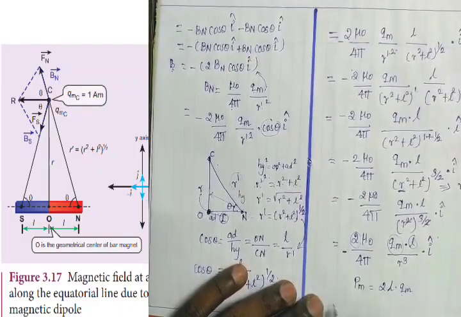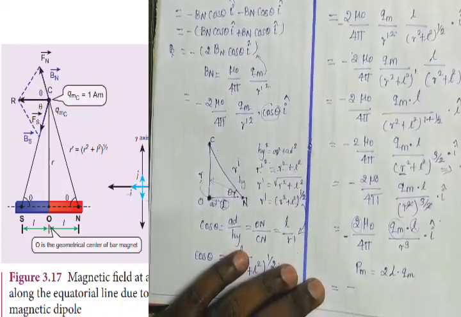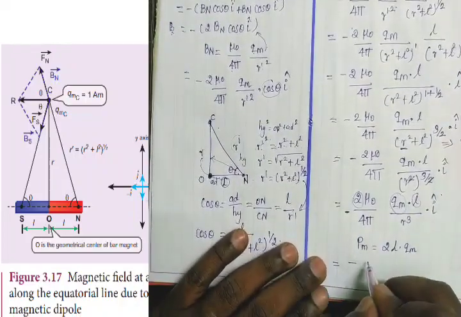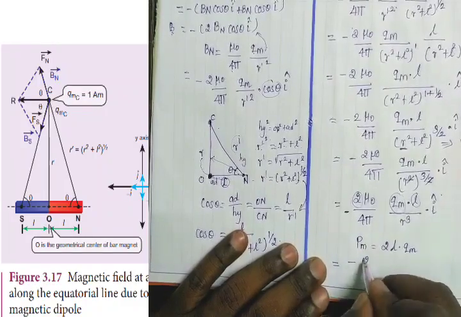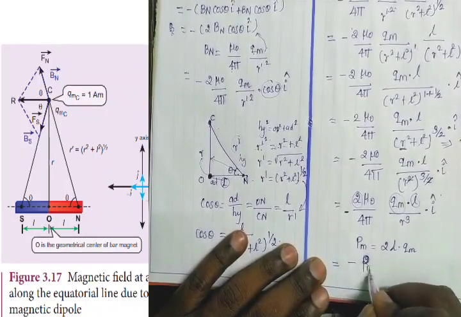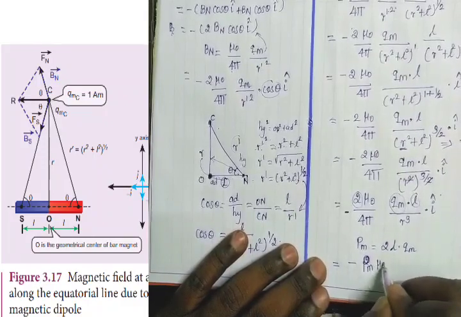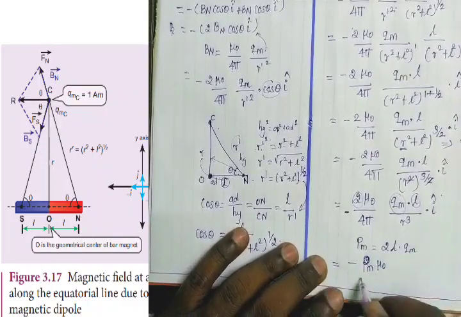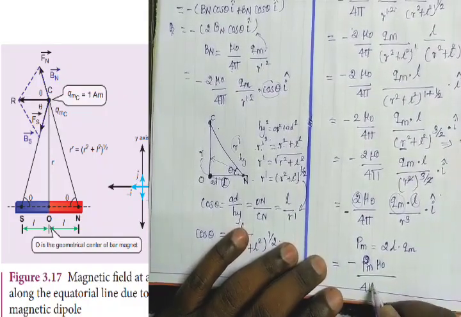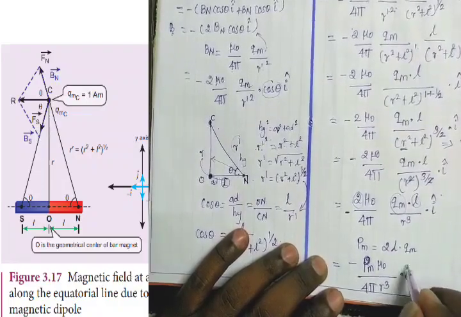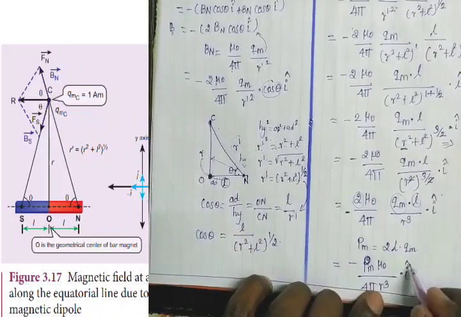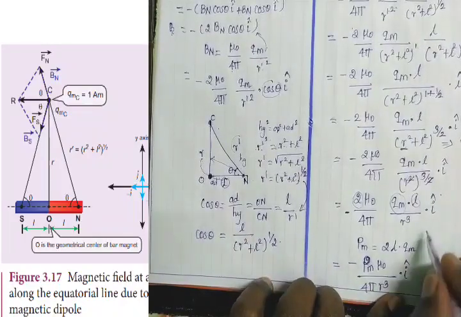So minus Pm, mu naught only balance, mu naught divided by 4 pi R cubed, and the unit vector i. So next we want to remove the unit vector.